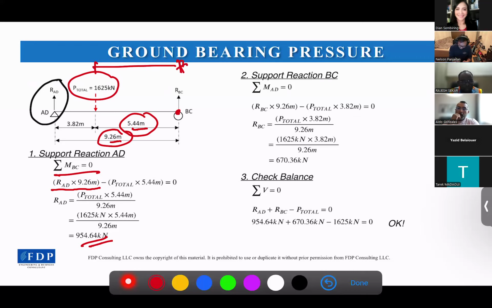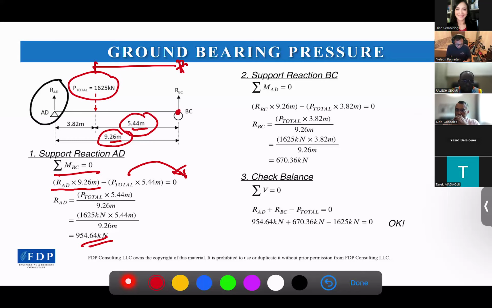Okay, then we move this to here. Nelson, yes? Aren't P total and RAD in the same direction? Why is it negative? Yeah, the reaction AD, let's say it's upward, right?